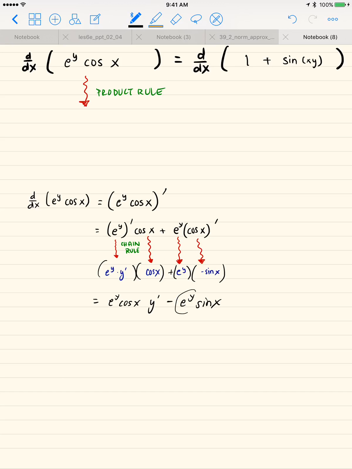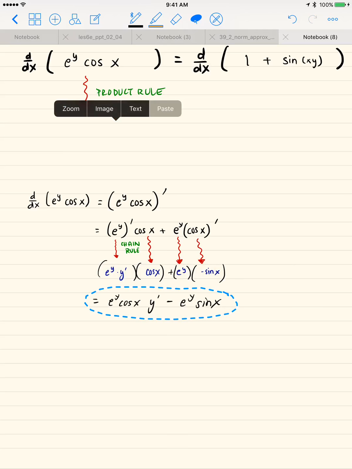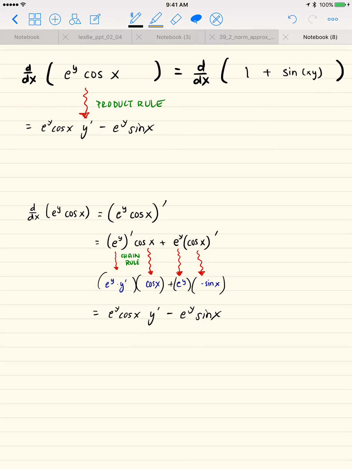Notice that even though I could factor out e to the y, I'm not going to, because I'm ultimately going to be trying to solve for y prime. So up here, I'm going to copy and paste it here. This is our derivative for the left-hand side.